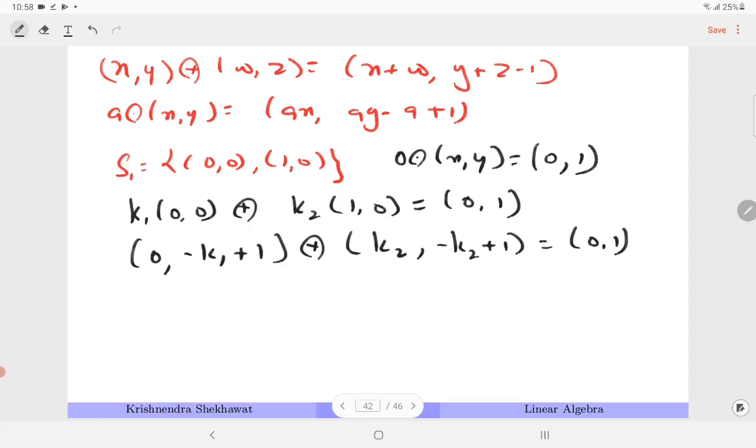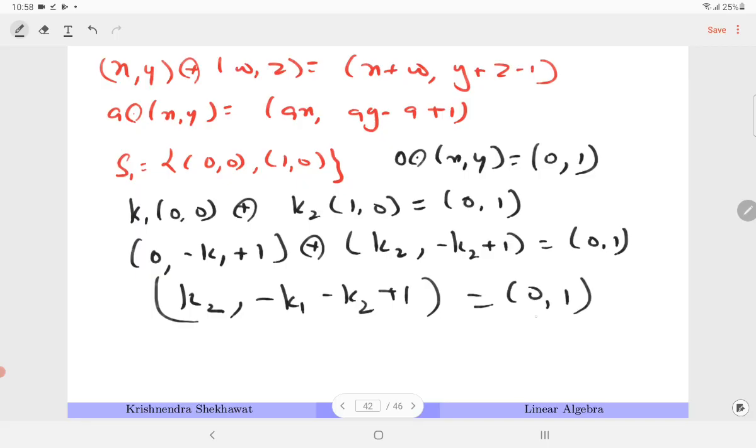Now you add them: 0 plus k2 gives you k2, then minus k1 plus 1 minus k2 plus 1 minus 1, so minus k1 minus k2 plus 1 is equal to 0 comma 1.